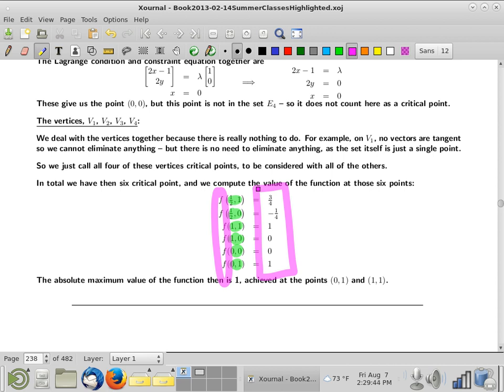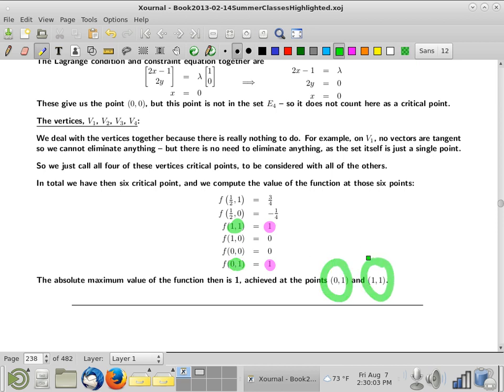Therefore, the maximizer's got to be one of these points. And the function is biggest among these values at these 2 points, 1, 1, and 0, 1. So those are your absolute maximum values.